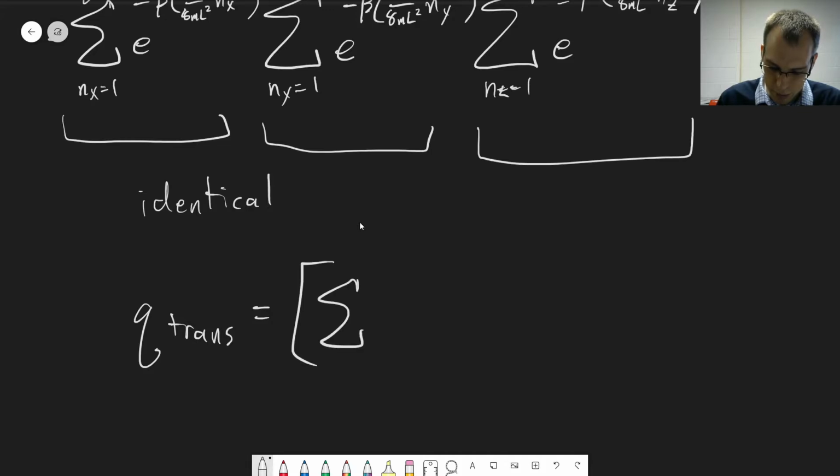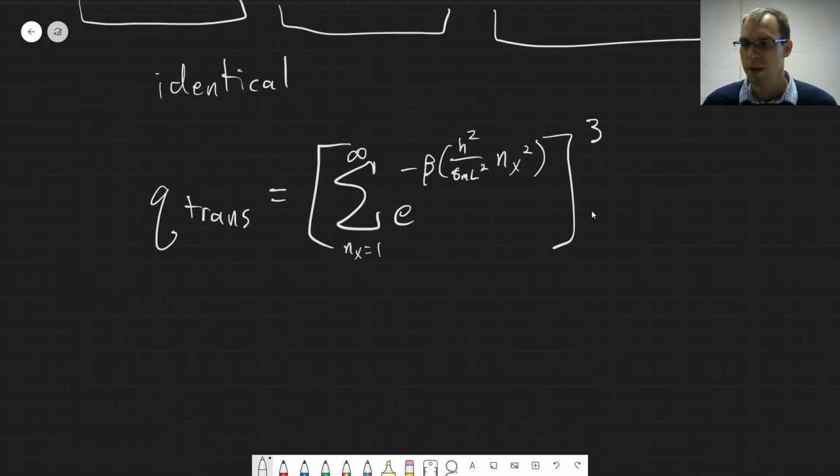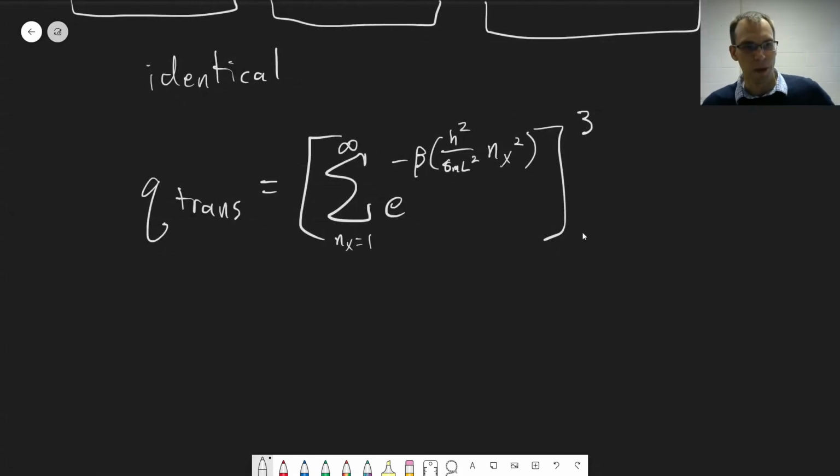Q trans is equal to this sum for the x term, and we have 3 copies of it, so we can just cube this. Okay, so that's a little bit simpler. Now we don't have 3 different variables to worry about. But then the next question is, how do we actually evaluate the sum inside of this cube term?